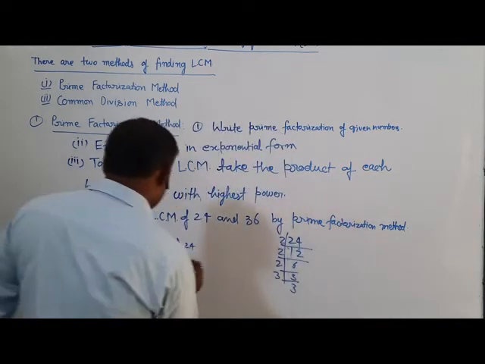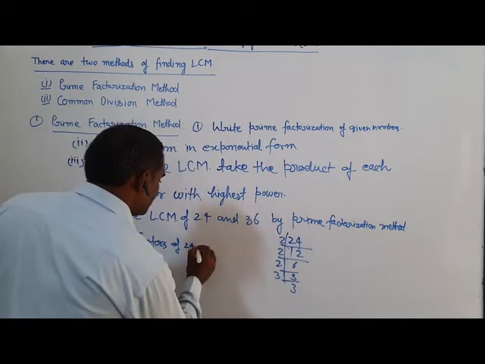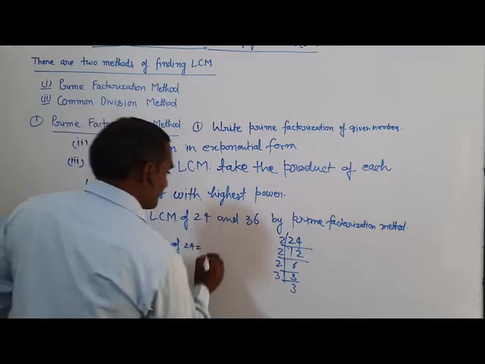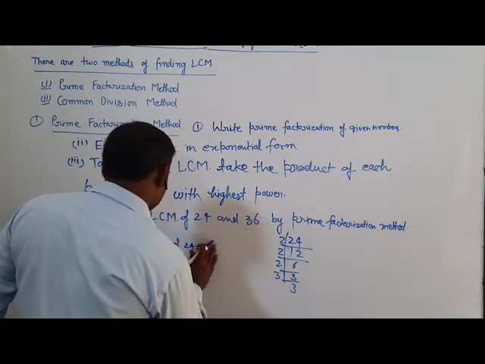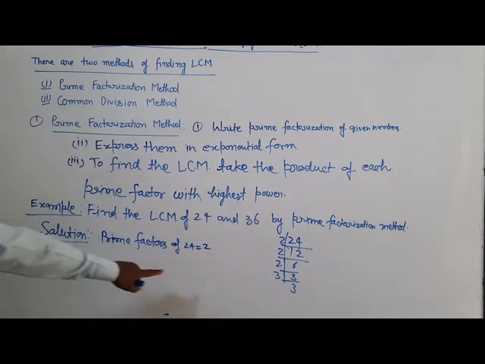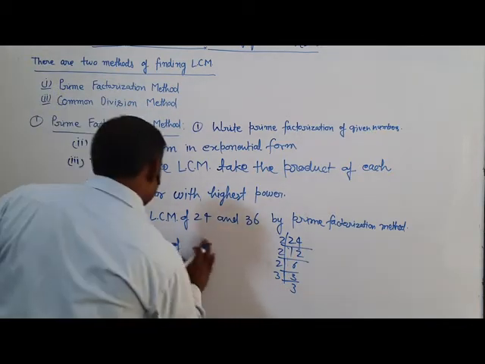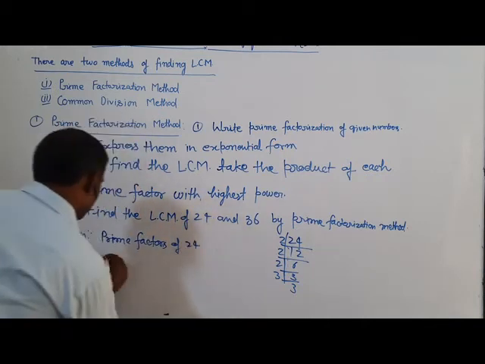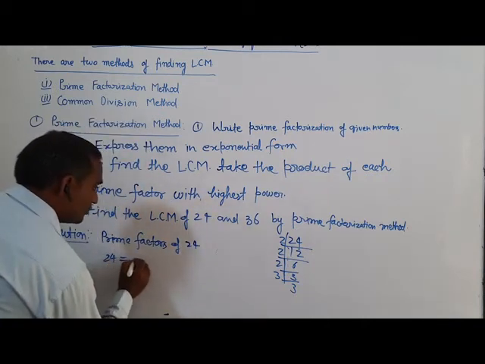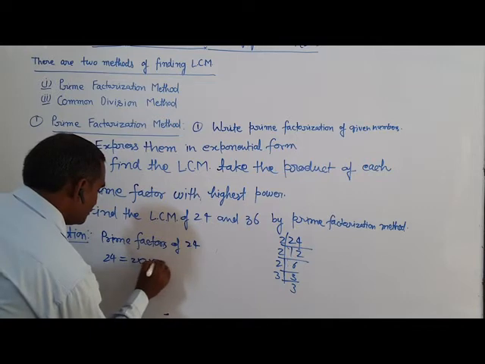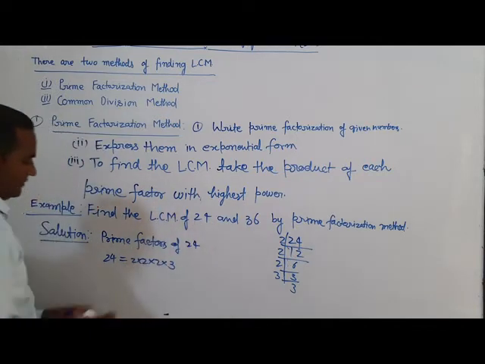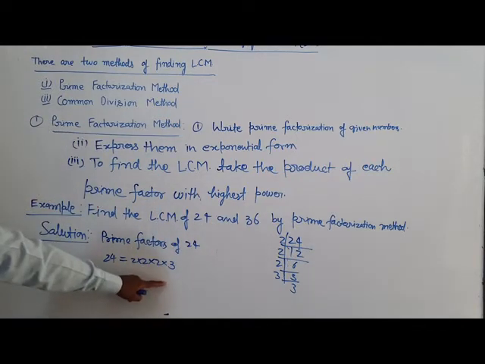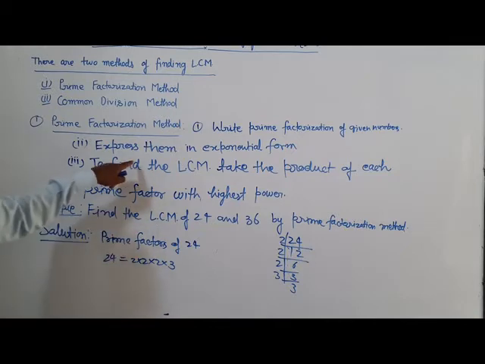So you can write 24 is equal to 2 into 2 into 2 into 3. We factorized. After that you have to change it into exponential form.